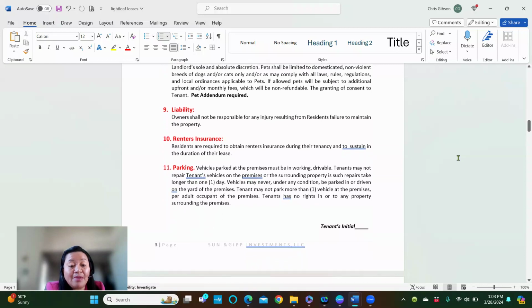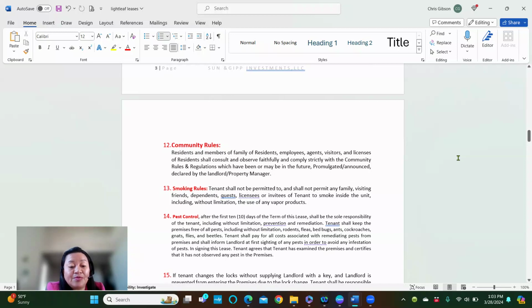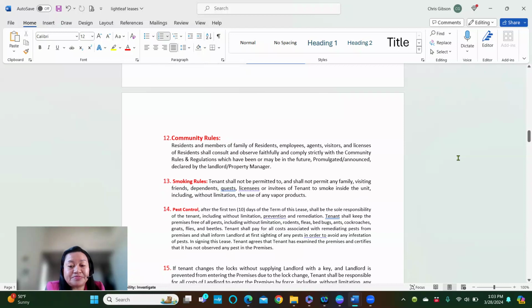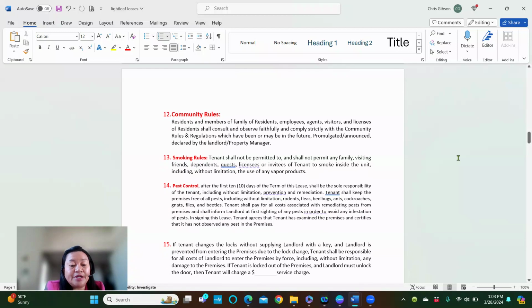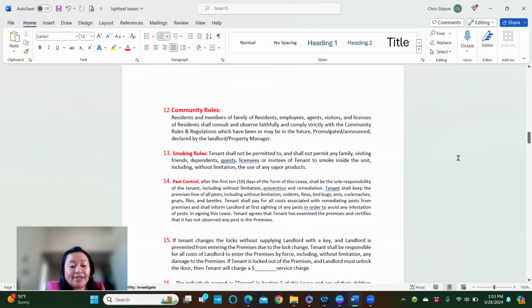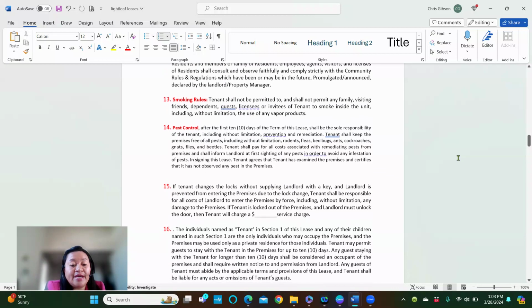Number 11, parking. And number 12 is community rules. And the other common problem is smoking rules. So maybe you experience this happening in your units. And number 14 is pest control, and also the changing locks.